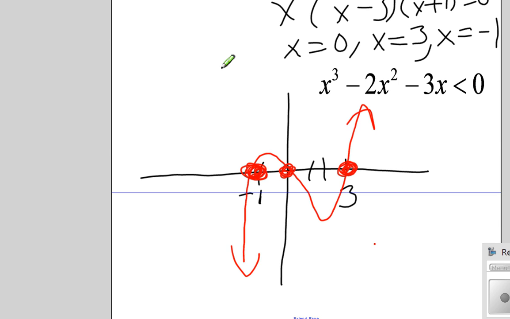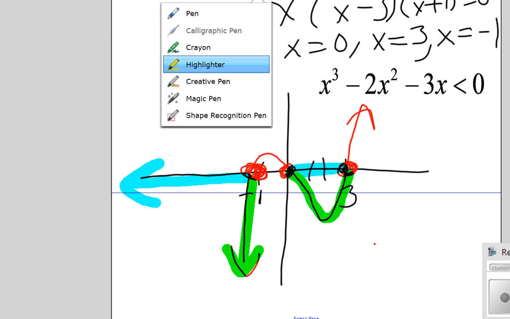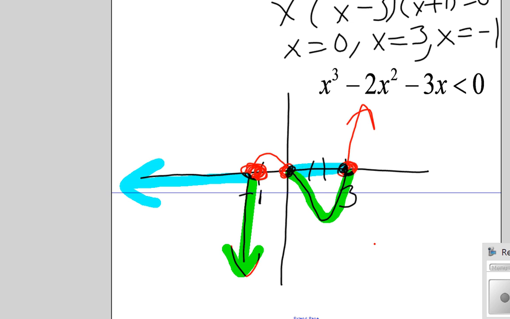Here I'm looking for all the parts below 0. So that would be everything to the left of -1 and everything between 0 and 3. So the x's would be there and here. Okay, we're going to put that in interval notation.